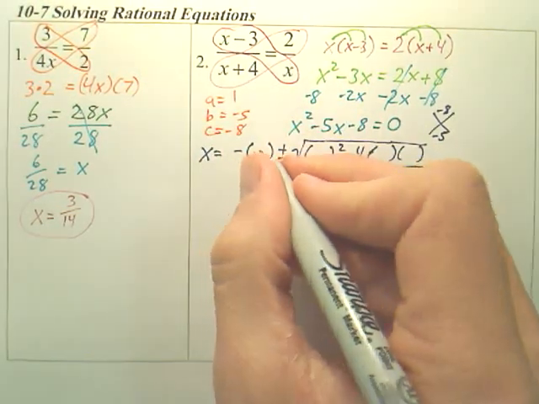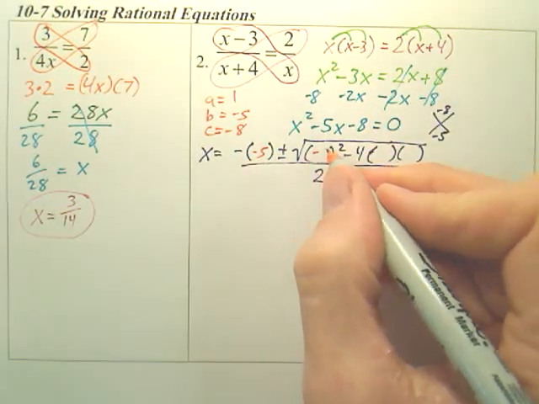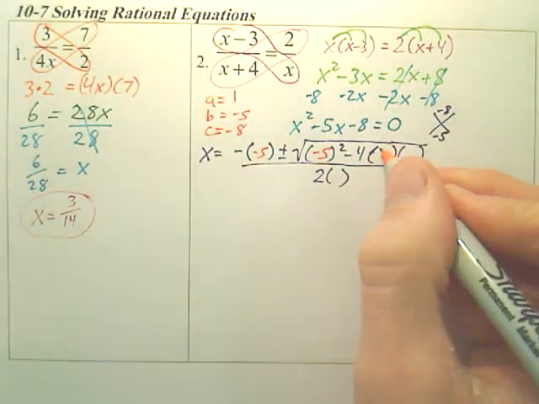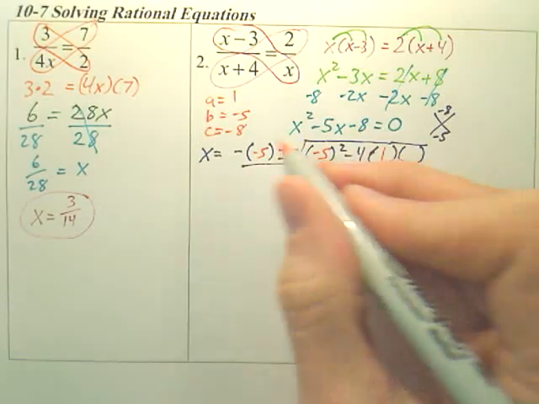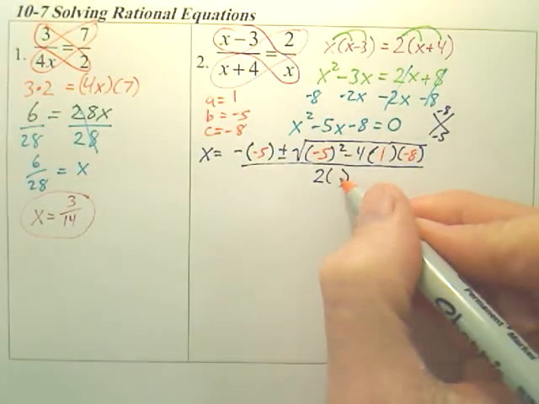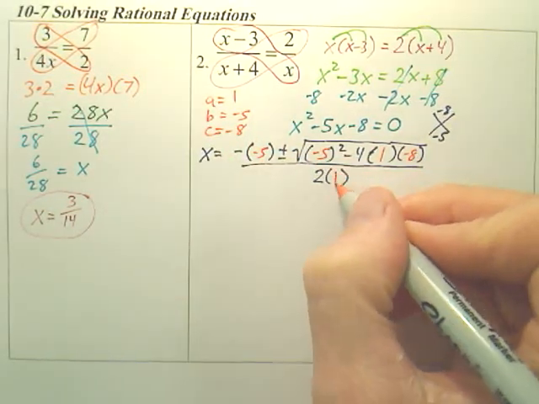B goes right here, so it's negative b, then b squared minus 4a, where a is 1, c is negative 8, and this is over 2a, which is 2 times 1.